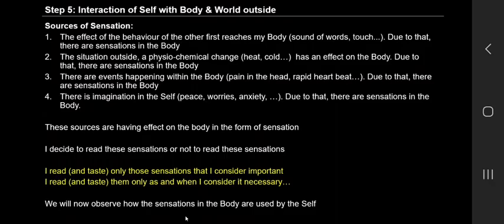Number 3, there are events happening within the body. For example, there is a pain, rapid heartbeat, feeling acidity, agitation in stomach, etc. So this is also a source of sensations. And last one is the imagination. So something is going on in my imagination and due to that there are sensations in the body.